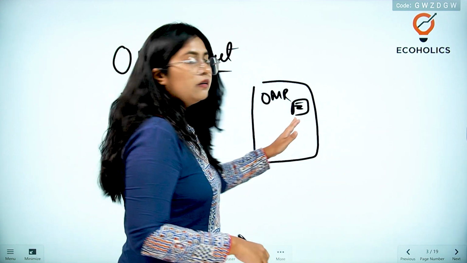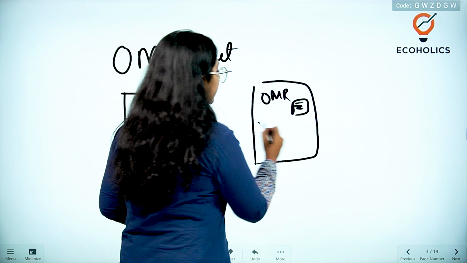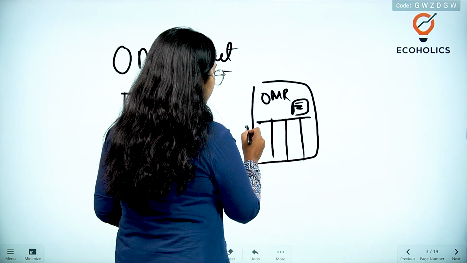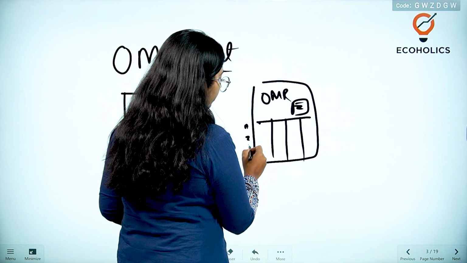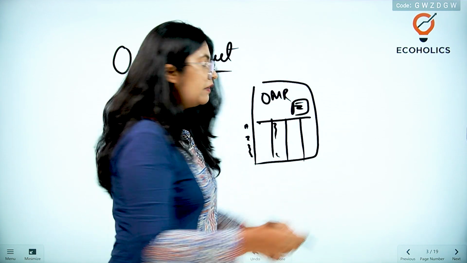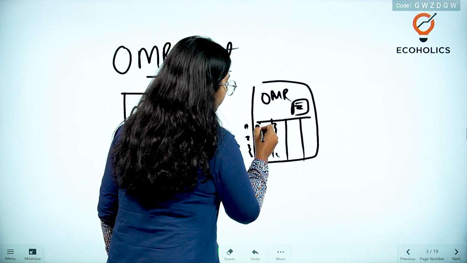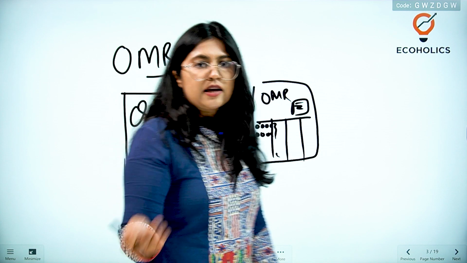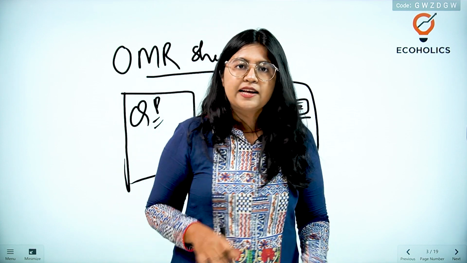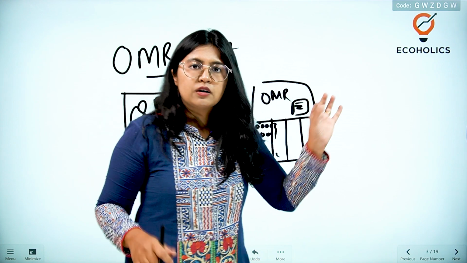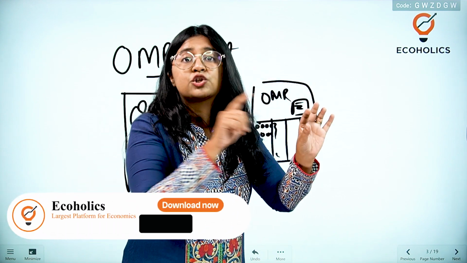You will fill in the checkbox, and then finally here you will have these columns, and you will be given question numbers 1, 2, 3, 4, 5, 6, 7, 8, 9. All of these numbers will be given with circles: 1, 2, 3, 4, 1, 2, 3, 4. There are 4 options in the MCQ question paper of the UGC NET examination, so you will have these 4 circles against each question number.